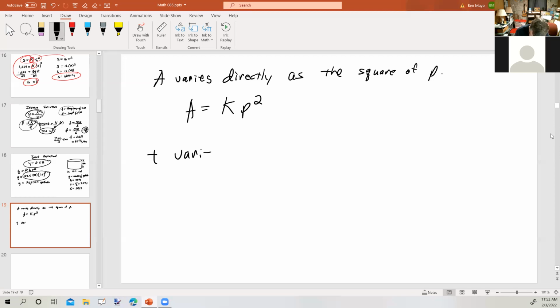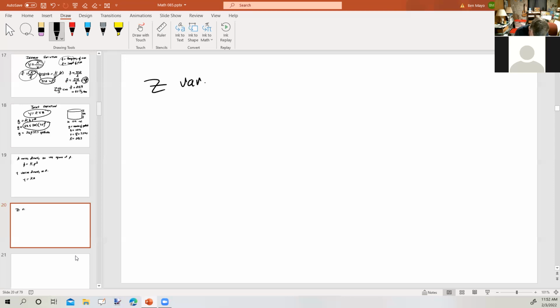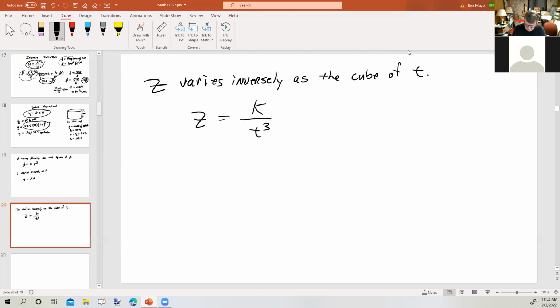T varies directly as S. So T equals KS. Questions? Okay. Z varies inversely as the cube of T. So Z equals K over T cubed.